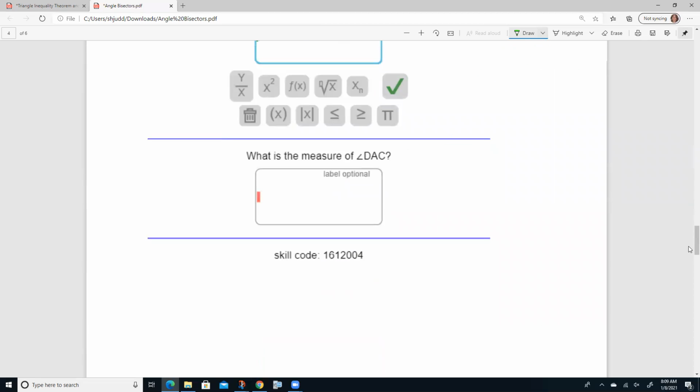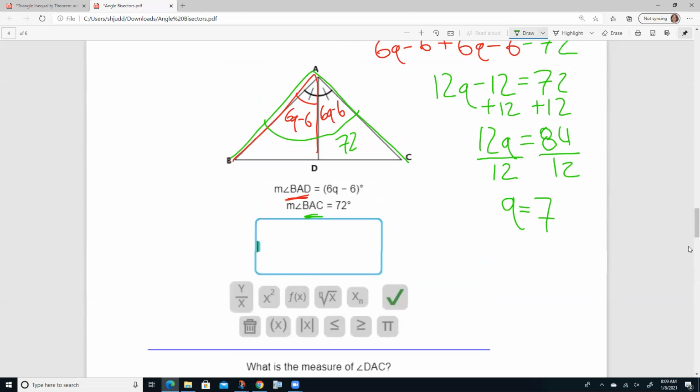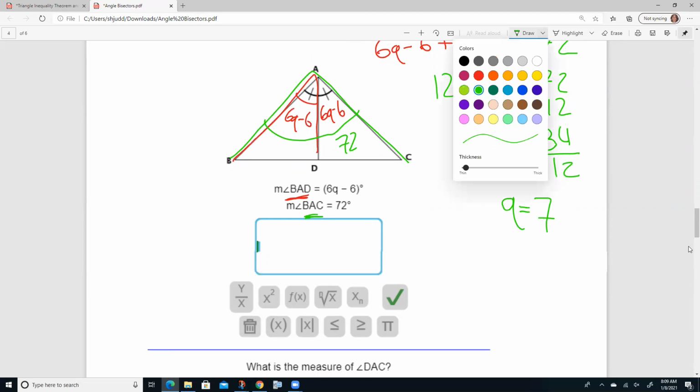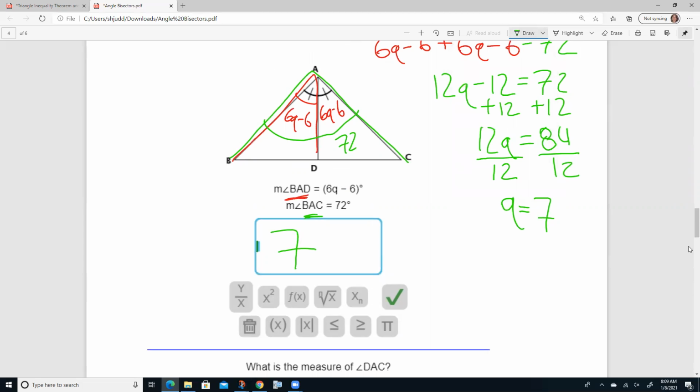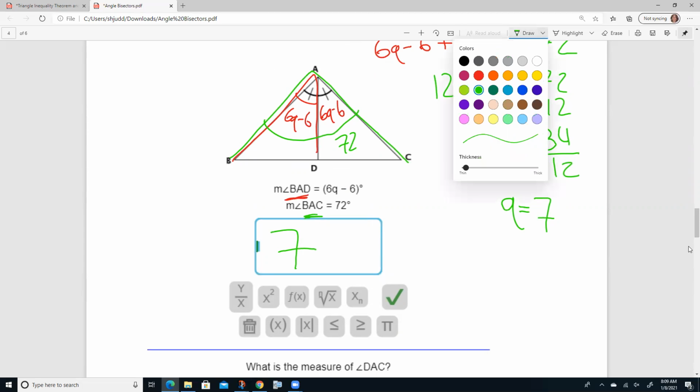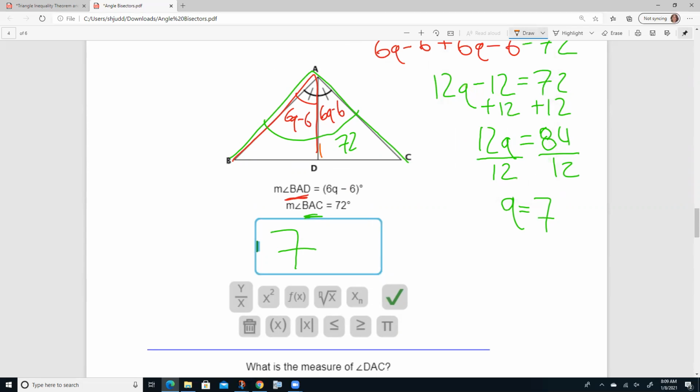We also want to find the measure of DAC. Okay, let's go back up here. I should write this as 7 before I go any further. All right, from D to A to C. Well, I already labeled that as 6Q minus 6, and I know what Q is.